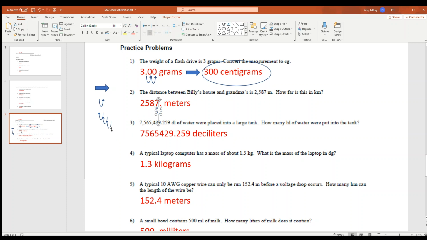We're going to move it 1, 2, 3 times. All right. And because we're moving it 3 times, our final answer is 2.587 kilometers.